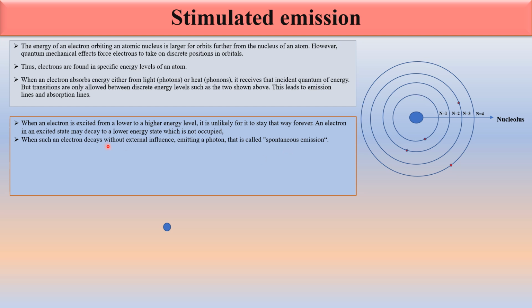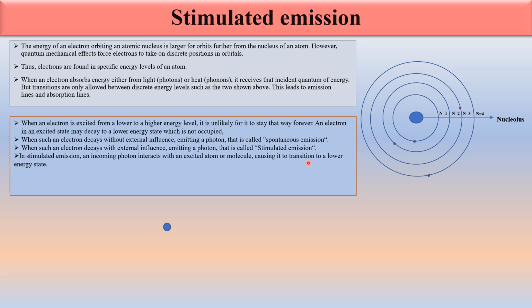In contrast to that, when the electron comes down to the lower energy level by the influence of any external photons or signals, this is called stimulated emission. In stimulated emission, an incoming photon interacts with an excited atom or molecule, causing it to transit to a lower energy state.